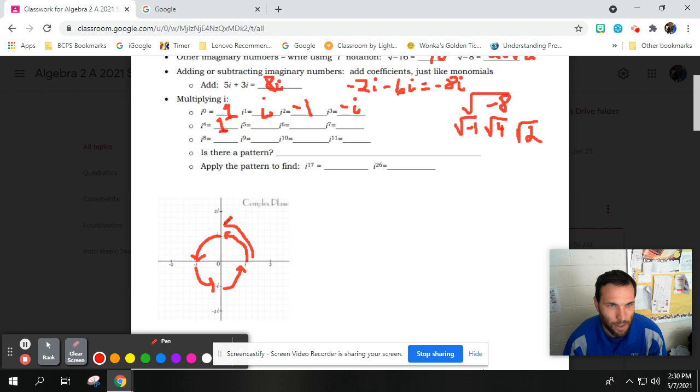The i to the fifth, you come back up here, and it's back to i, and then -1, and then -i.